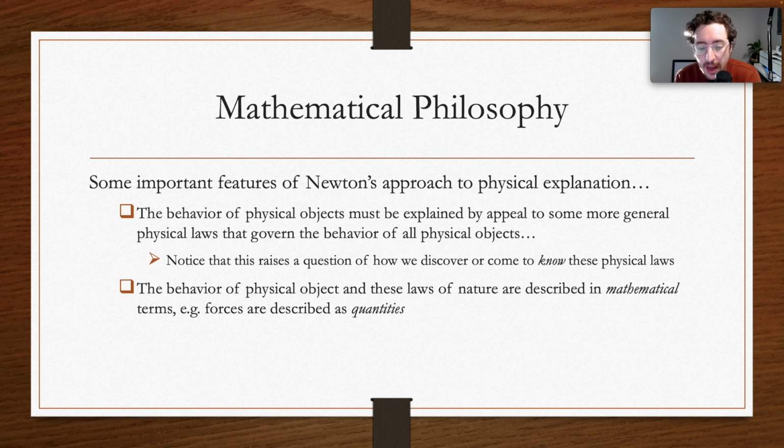So, the behavior of a physical object and these laws of nature are also described in mathematical terms. These forces are described as quantities. All right, and this is very important. In order to describe these physical laws, they have to be described in mathematical terms in order to make them precise and to give us explanation of what's going on in the world.